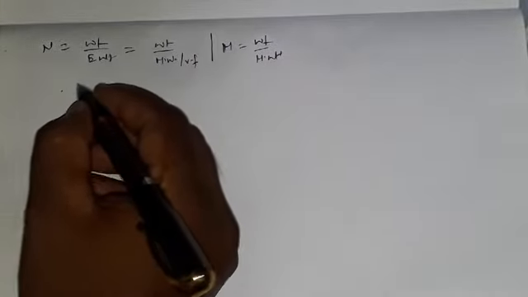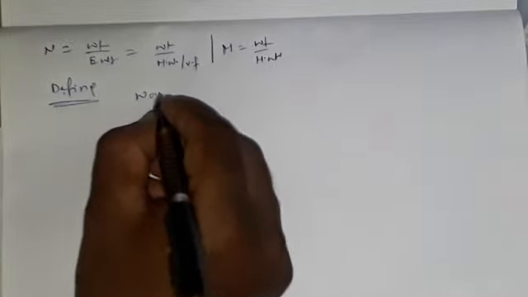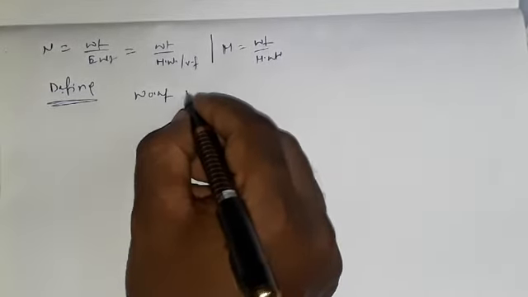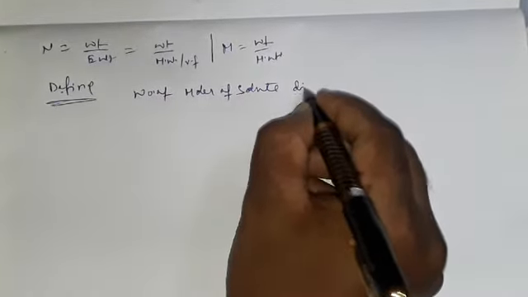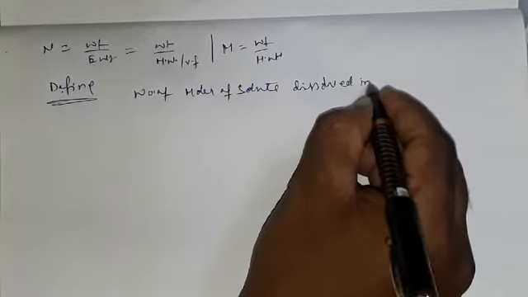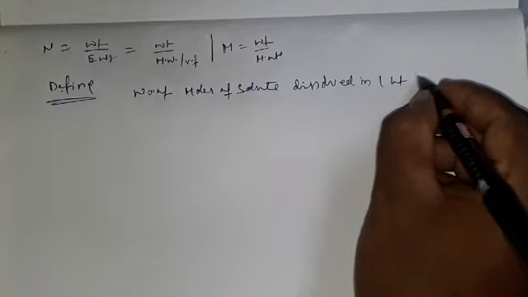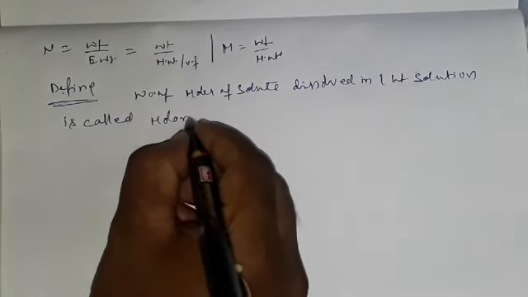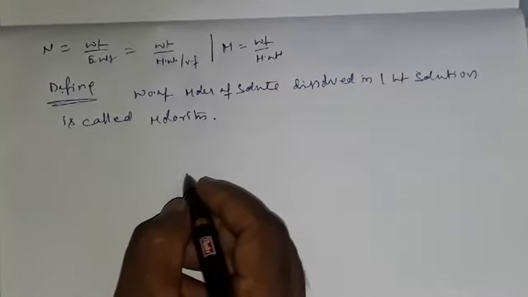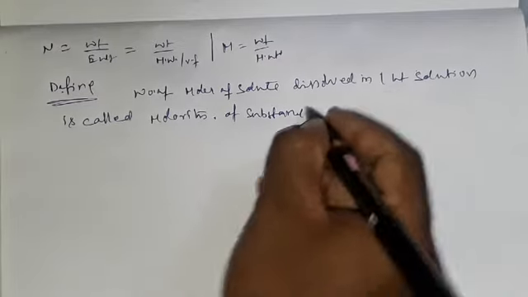So the definition of molarity: the number of moles of solute dissolved in 1 liter of solution is called the molarity of the substance that is given.